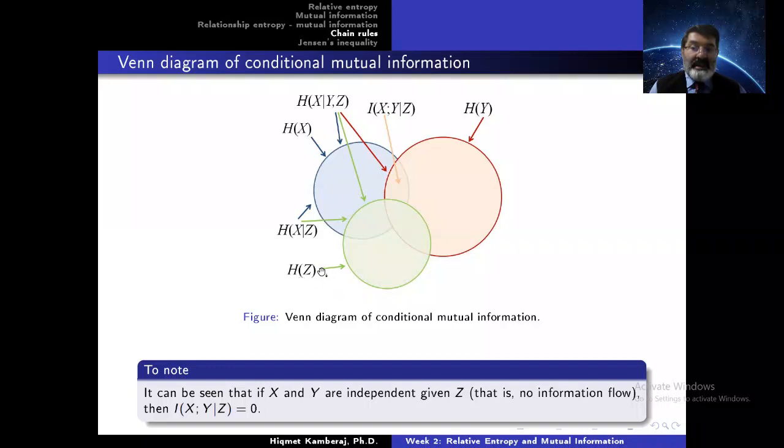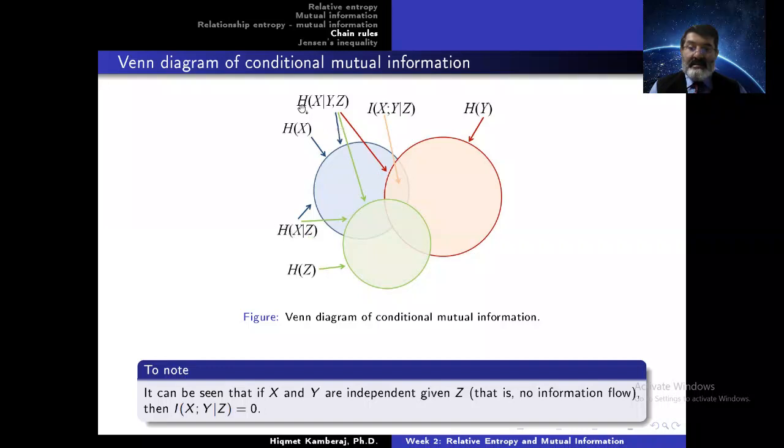Moreover, I have indicated these quantities. The entropy of x given z is represented by this: if you follow my cursor, you'll find it is all of this up to here. This is the entropy of x conditional on z.